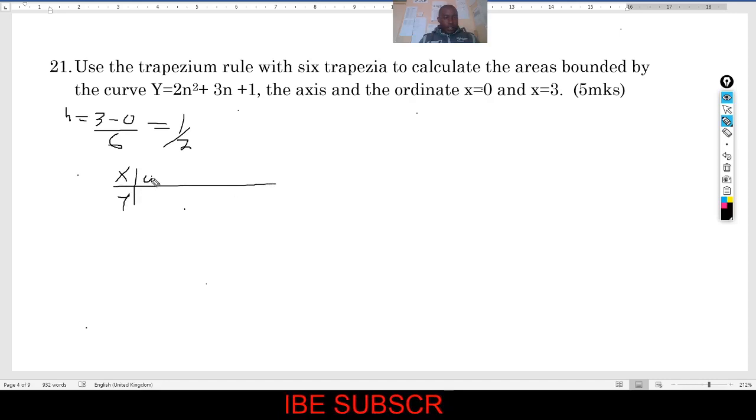We start from 0, 0.5 because that is half. Next is 1, next is 1.5, next is 2, 2.5, and then finally 3.